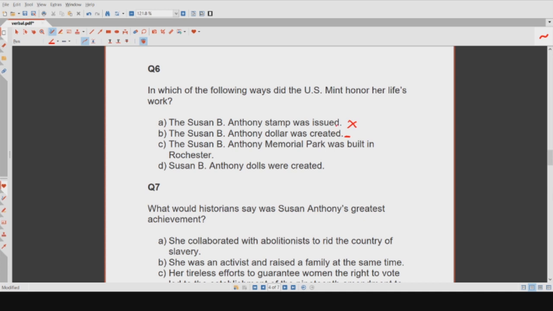Yes, we have read it before, but to be sure, also check other options. The Susan B. Anthony Memorial Park was built in Rochester? No. Susan B. Anthony dolls were created? No. The correct option for this question is option B. The Susan B. Anthony dollar was created.